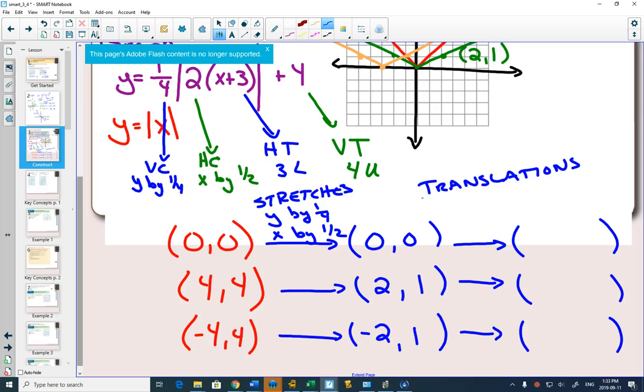Then for my translations, still going from left to right, I'm like, oh, I need to go 3 left and 4 up. So I'll write that 3 to the left and 4 up above those arrows. 3 to the left, negative 3, 4 up, 4. 3 to the left, negative 1, 4 up, 5. 3 to the left, negative 5, 4 up, 5.